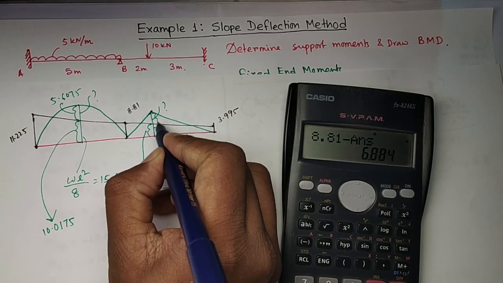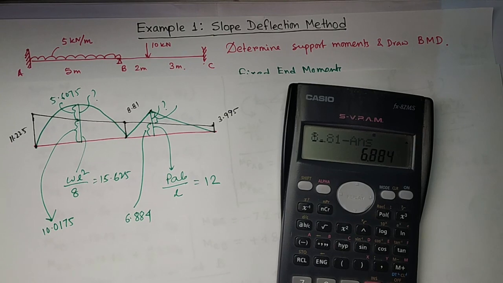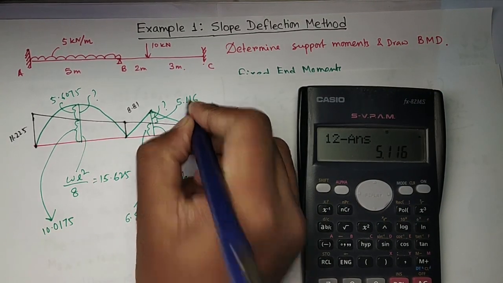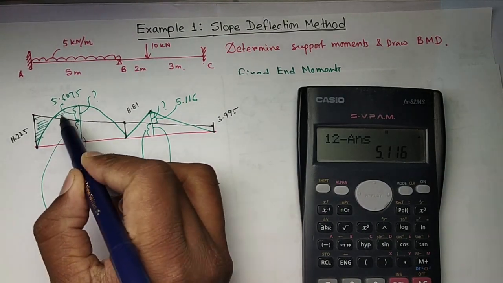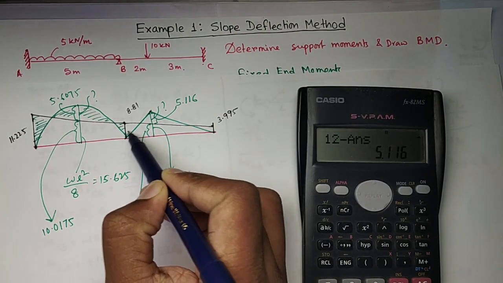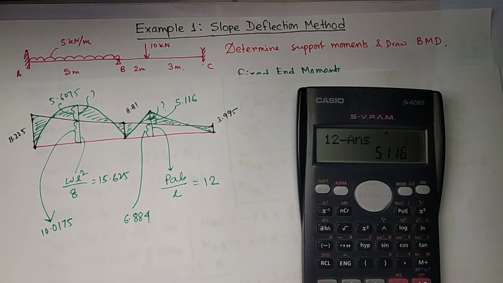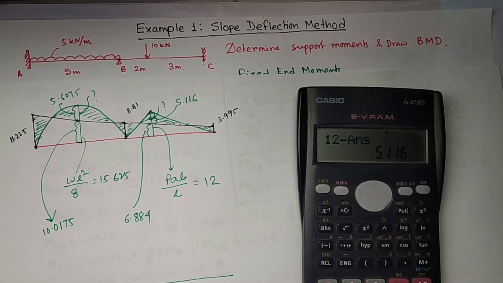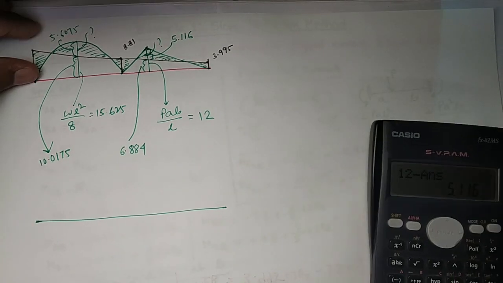So this ordinate will be 12 minus the answer, 5.116. So this portion is our bending moment diagram. Let us draw it properly. We are drawing the positive bending moment at the bottom.